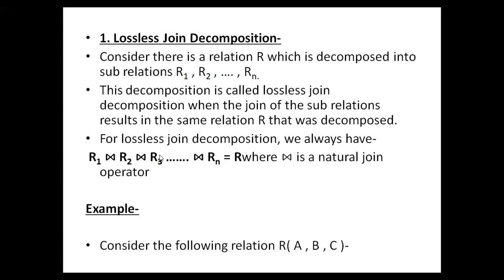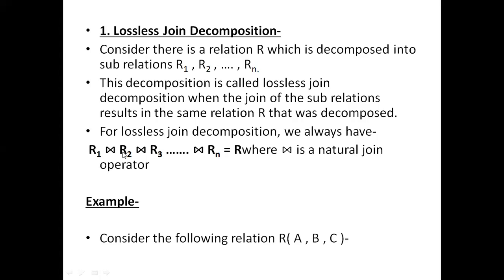If R is divided into sub relations like R1, R2, and R3, and I rejoin R1, R2, and R3, it has to give me the same base relation R. Then only can I say that it is a lossless join decomposition. Whatever we split, if we can rejoin the sub relations and form the base relation again, that decomposition is called lossless, meaning no loss of data occurs.